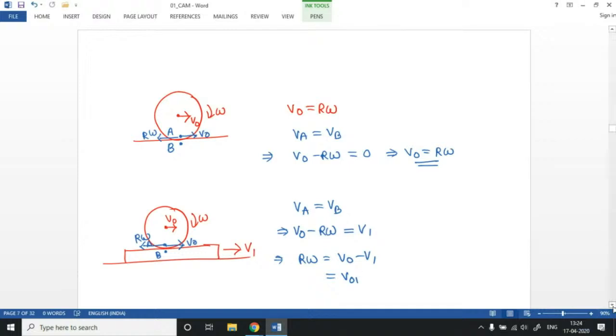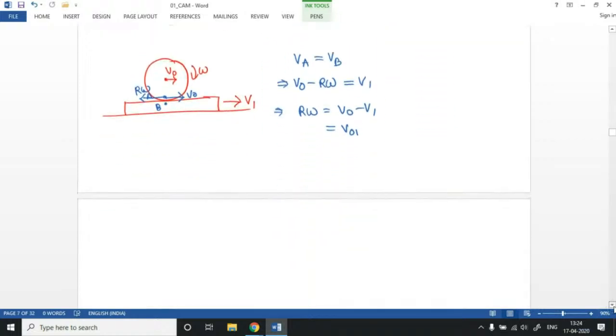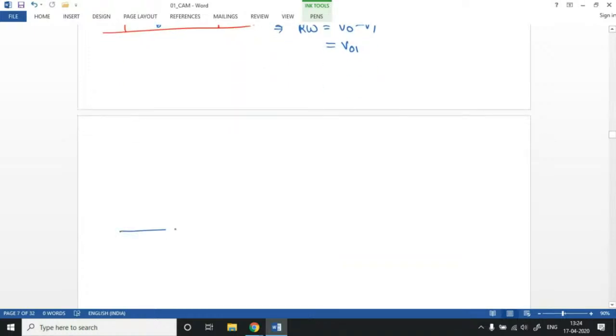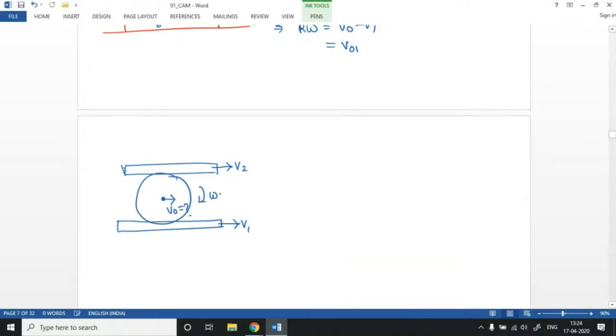Okay, another similar looking example we can have. Let's say we have some plank here, we have some round object here, and we have a plank at the top. So let's say the lower plank is moving with velocity v1 and the upper plank is moving with velocity v2. And we wish to find out what would be the velocity of center of mass, this is what would be v naught, and what would be its angular velocity omega.